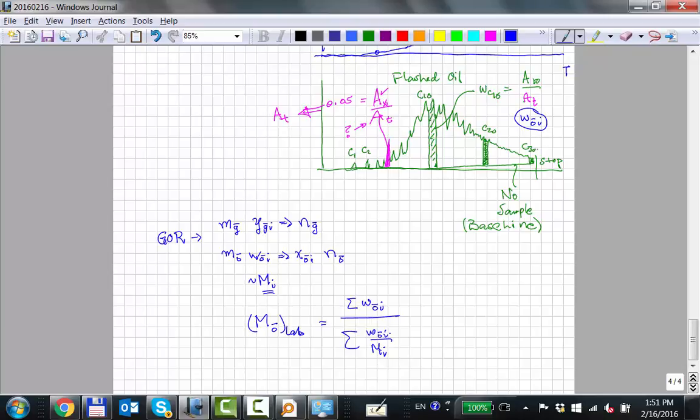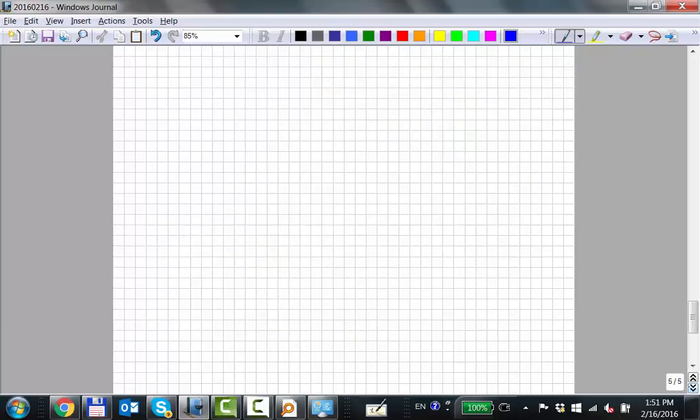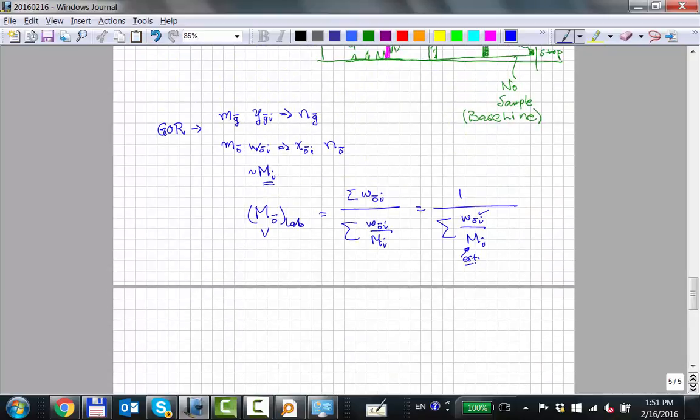That's the moles. These are measured in the lab. These we have to estimate. This is measured in the lab. So this is kind of a big uncertainty that you have to live with. We don't know what the molecular weights of all the components should be.